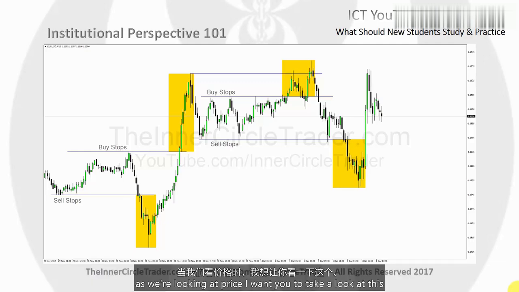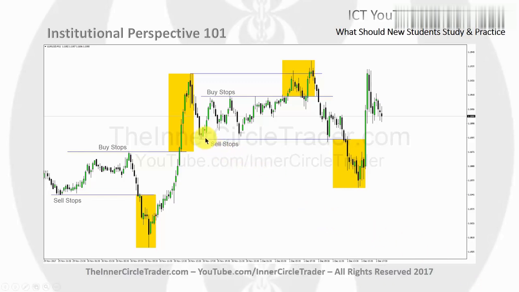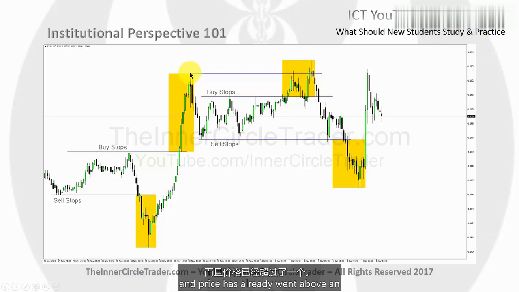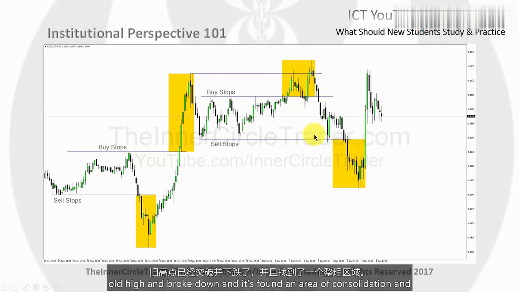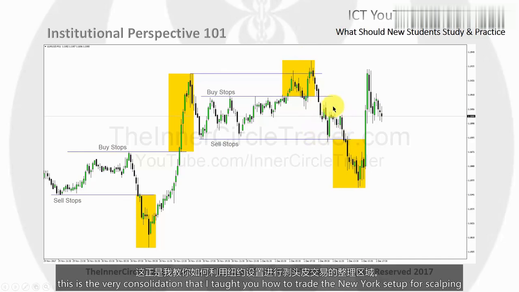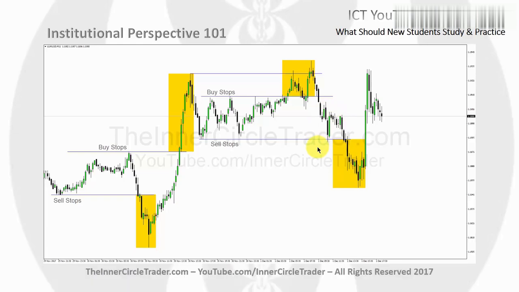As we're looking at price, I want you to take a look at this area right in here. We have equal lows, and price has already gone above an old high and broke down, and it's found an area of consolidation. This is the very consolidation that I taught you how to trade in the New York setup for scalping.